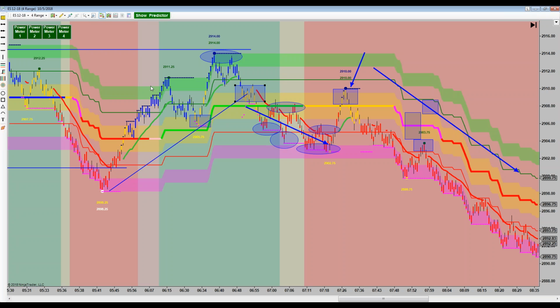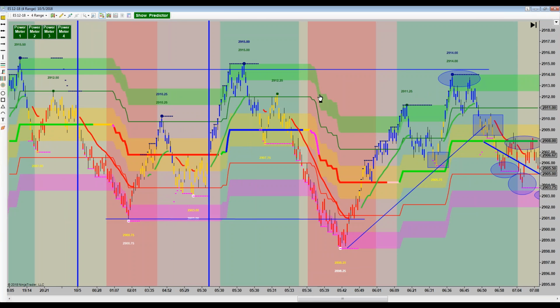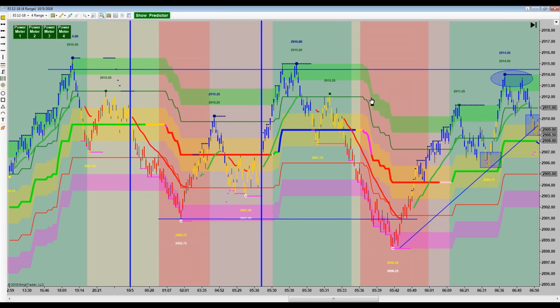So this was a long, because let's go back and reconstruct this. Here's the question. When this box started forming right at 650 or 648, right in here, and you put the region box on here using the object trader tool, would you have been long only, short only, or both? And the answer is, at the condition at the time, this would have been a long only box.